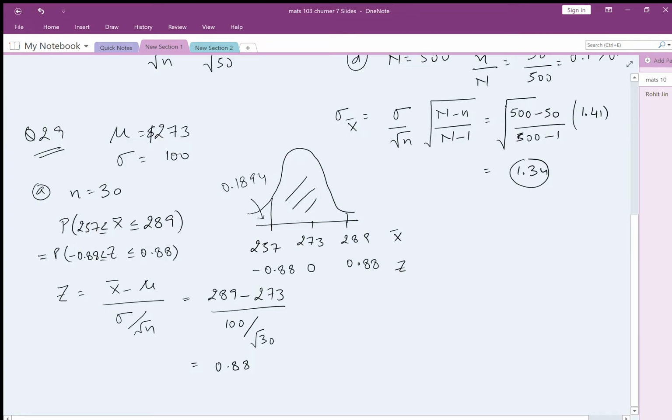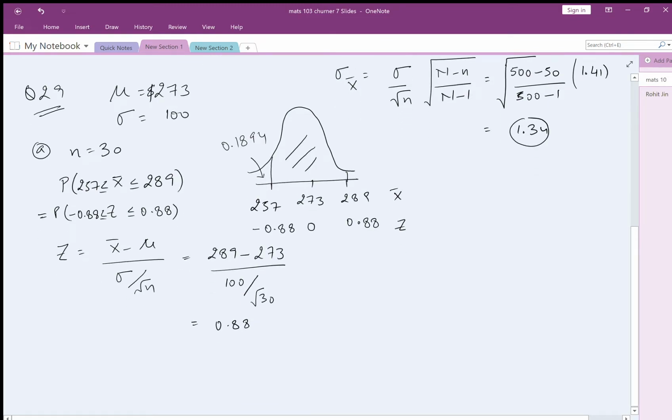So this area is 0.1894, and if this area is 0.1894, then this area is also going to be 0.1894. So then the central area, the probability that z-score is between negative 0.88 and positive 0.88, is equal to 1 minus twice 0.1894.